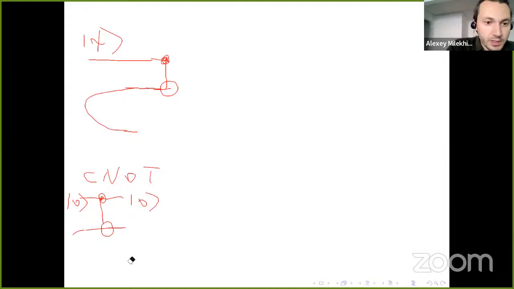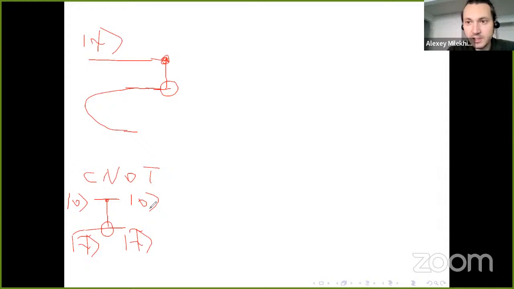So C0 does the following. If this control qubit is 0, nothing happens to this state. So I should call this psi tilde. C0 has a control and a state on which you actually act. If the control is in the 0 state, then you don't do anything.